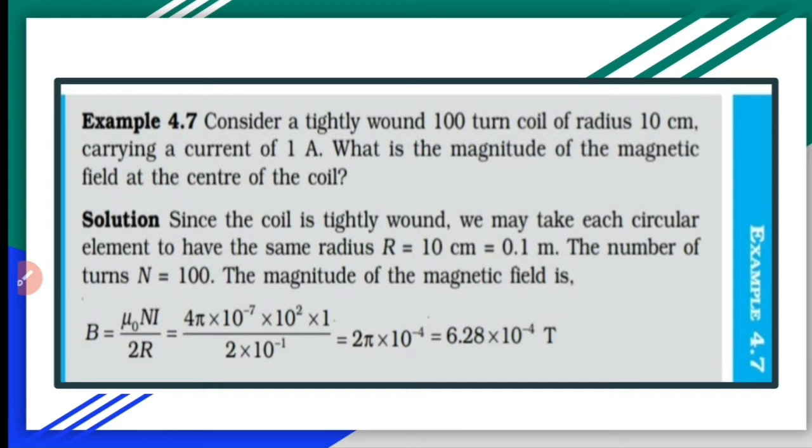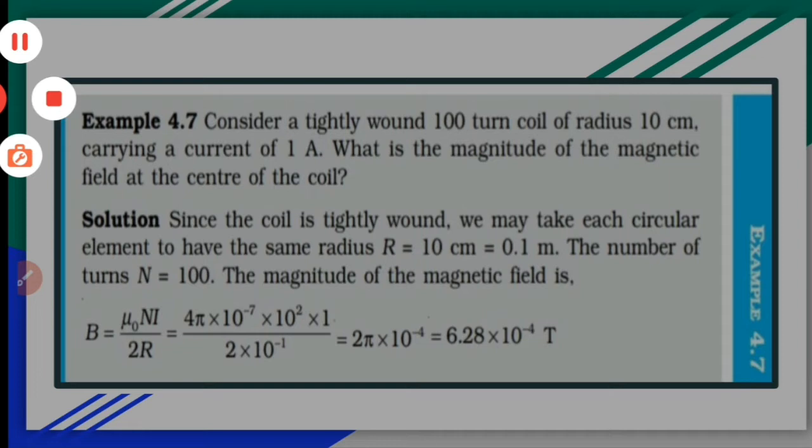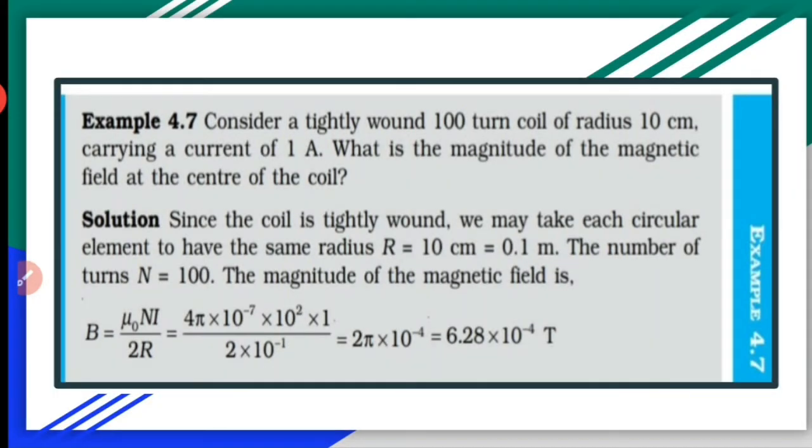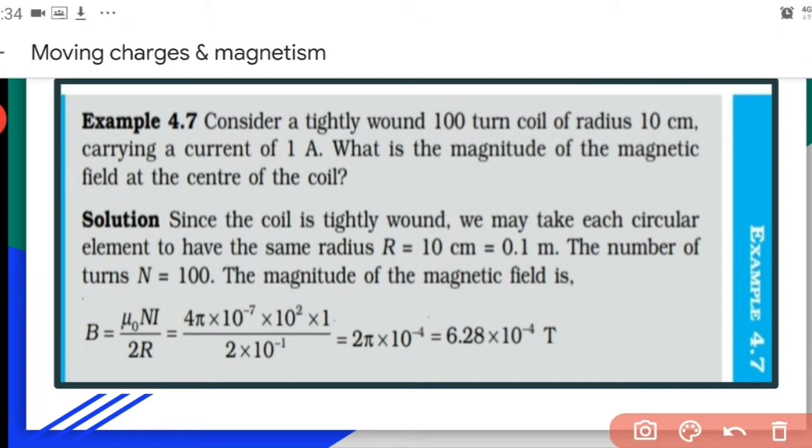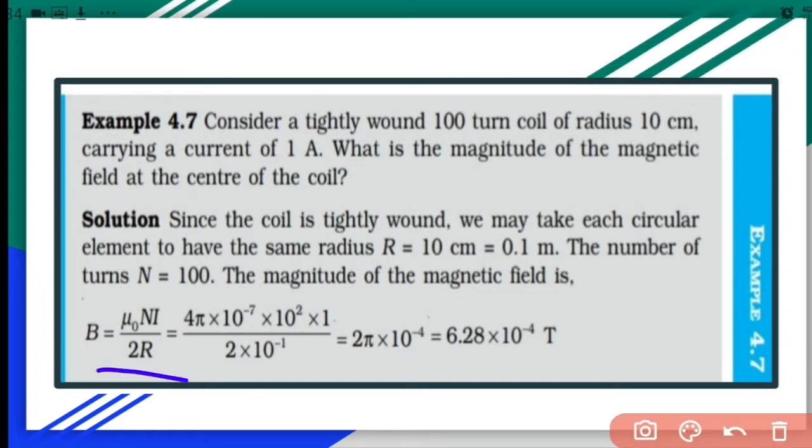There is a slight difference in the form of the equation which you learned, in terms of small letter n and a. Small letter n is the number of turns and small letter a stands for the radius. In whatever form you use, the answer remains the same. By substituting, we will get the answer 6.28 into 10 raised to minus 4 Tesla.